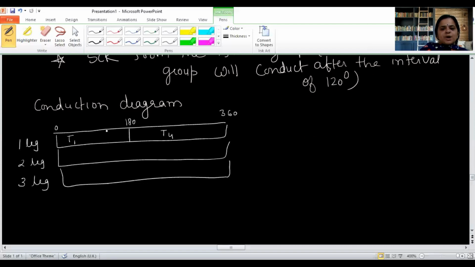Now, as per the third condition, SCRs from the same group should start after an interval of 120. So T1 is the positive group SCR.